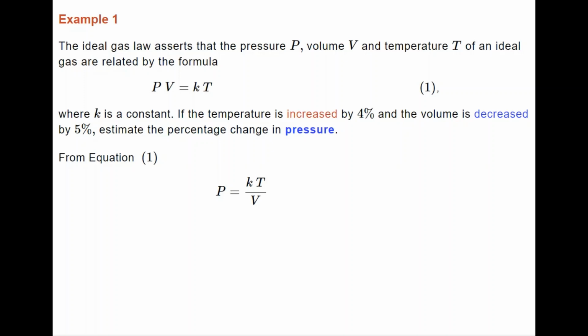So we see that in equation 2, when temperature changes, then the change in pressure would be determined by the equation partial P by partial T equals K divided by V. And when the volume changes, then the change in pressure would be determined by the equation partial P by partial V equals minus K times T divided by V squared.